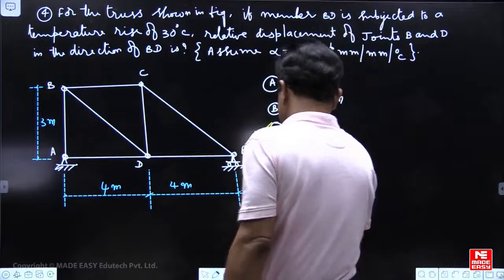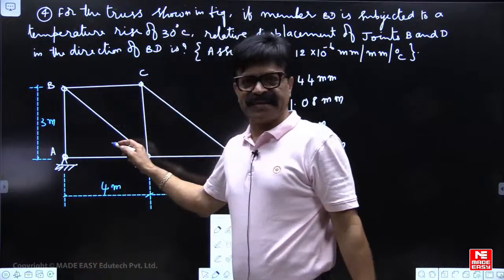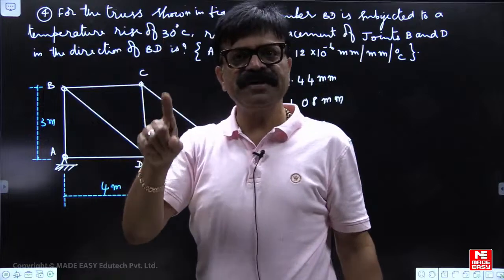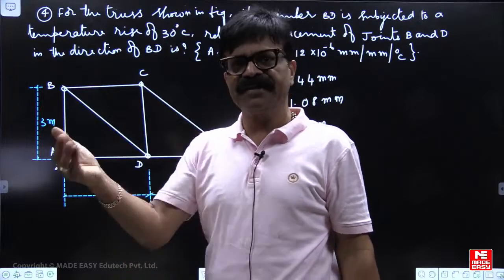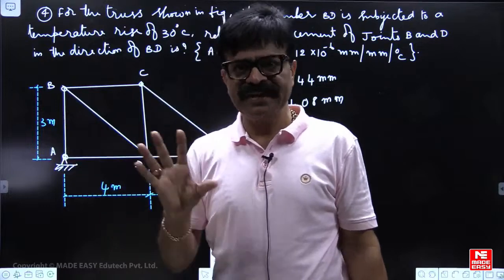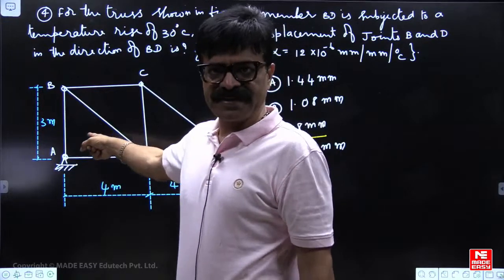So relative displacement, if member is not there, then to find the relative displacement you have to use sigma PKL by AE or K into delta. But since those questions have already given, this is another way of asking the questions.